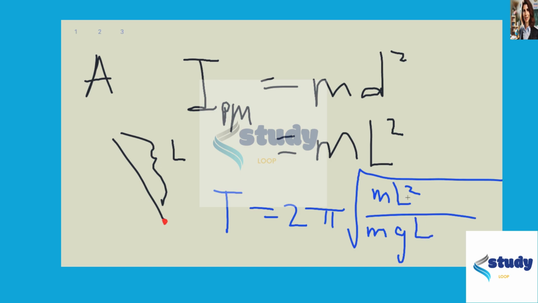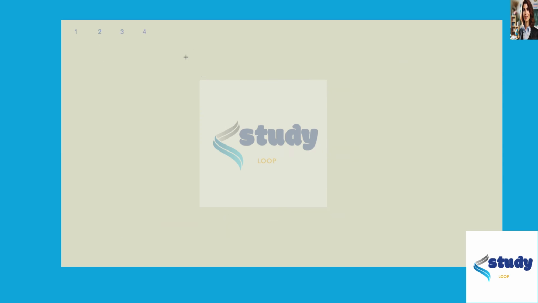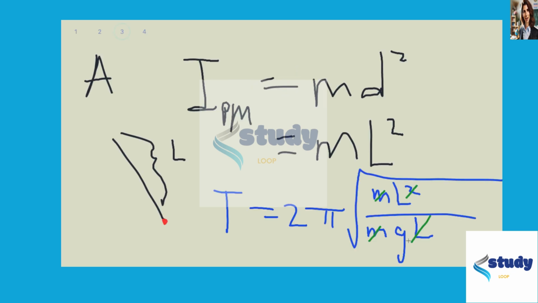So there's an L, and of course we're going to cancel out these masses. So we're left with 2 pi times square root of L over g. So the period T of A is 2 pi square root of L over g.